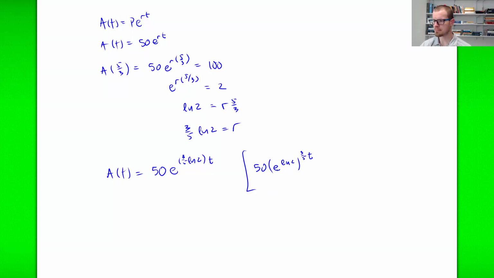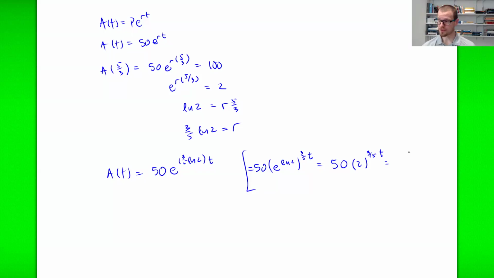Because when I take a base to a power and then raise it to a power, I multiply those two exponents. But e to the natural log of 2 is just 2. So this is 50 times 2 raised to the 3/5 t.